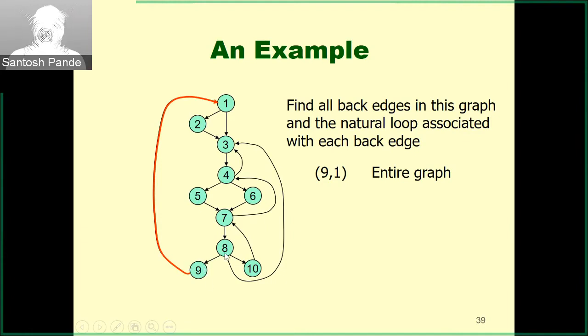From 9, first of all, we'll add the predecessor 8, and from 8, we'll add the predecessor which is 7, and then the predecessor of 7, you can see that will get added as 10, and all kinds of things will get added here.